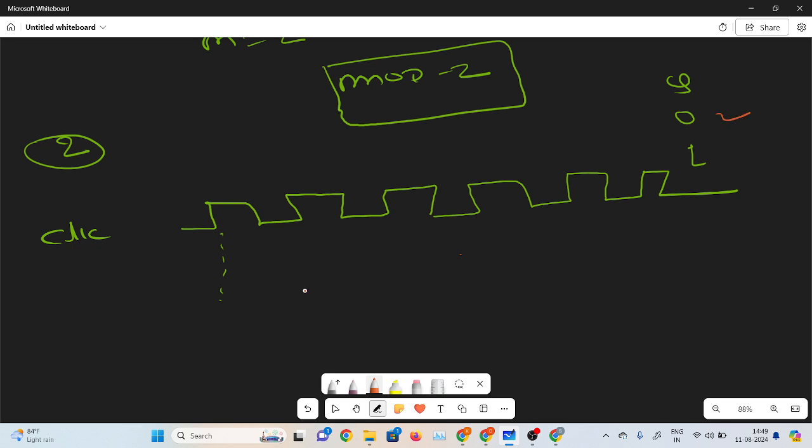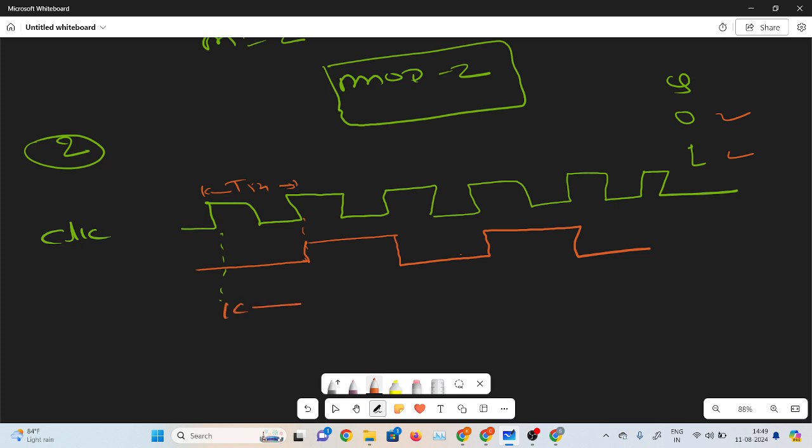In the first clock the value is 0, and in the second clock it will be 1. Then it will be 0, and then 1, like that.